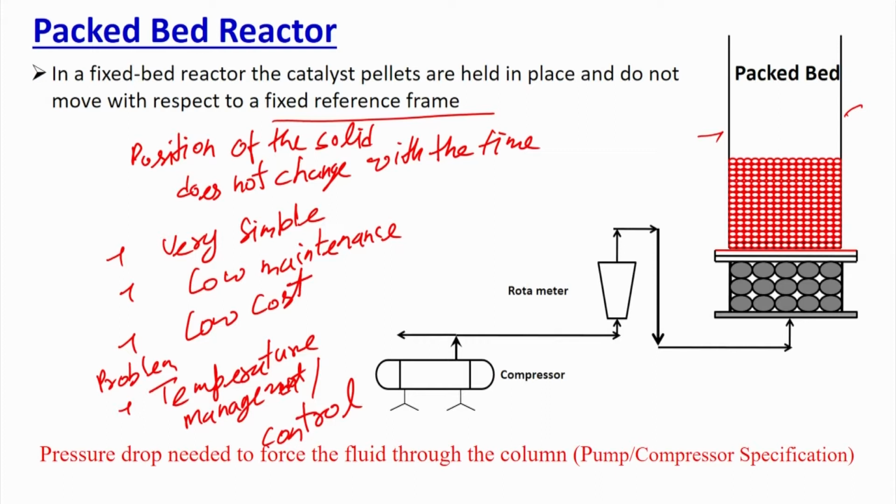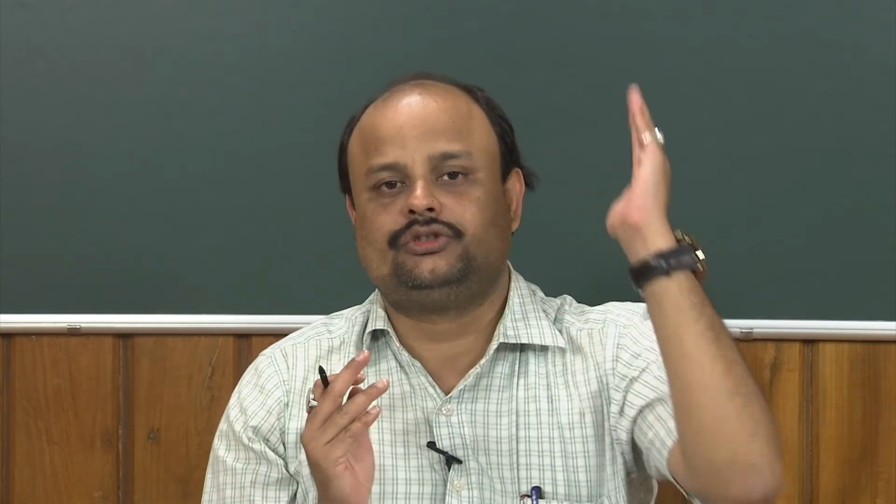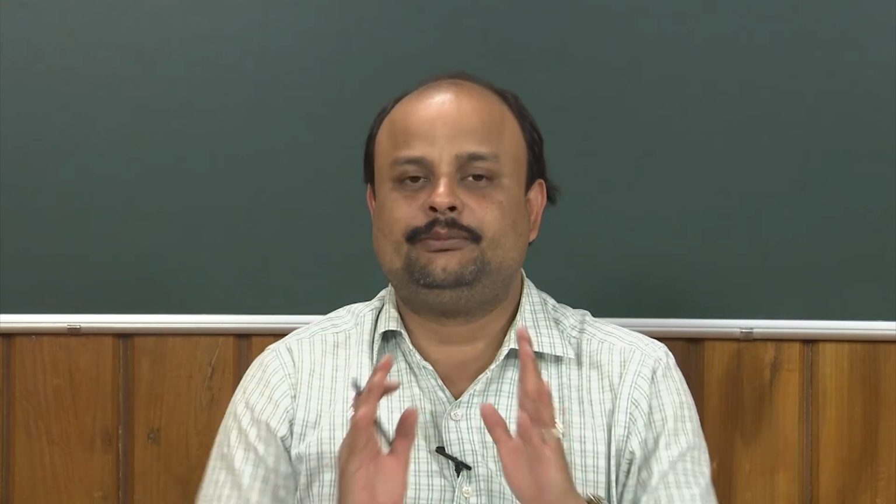You have to supply that much delta P, and only then will the gas pass through this bed. So, the delta P calculation in the packed bed is the major critical parameter.